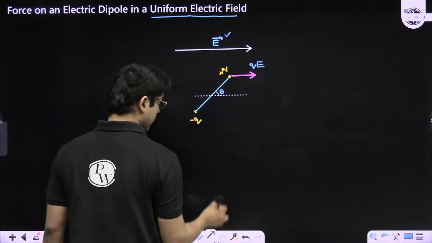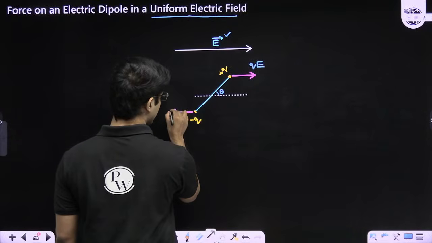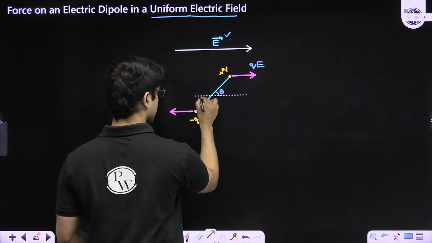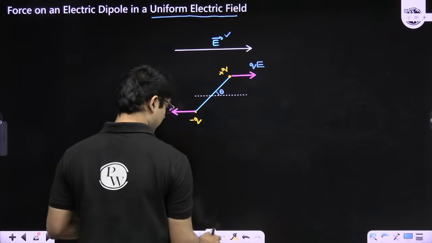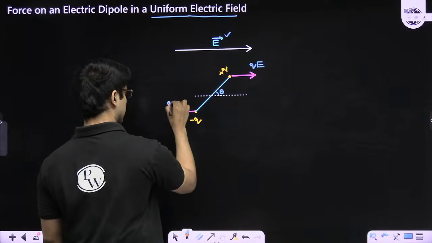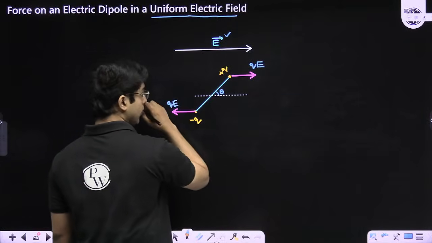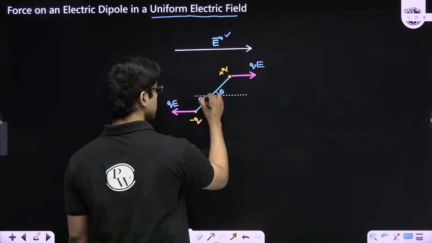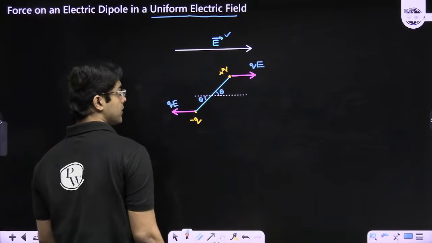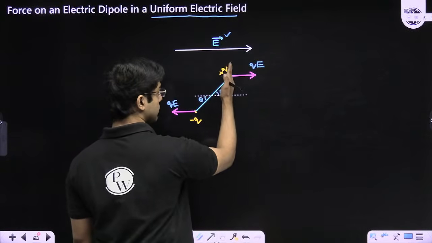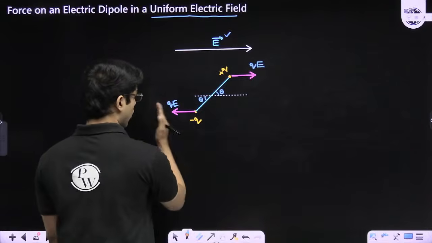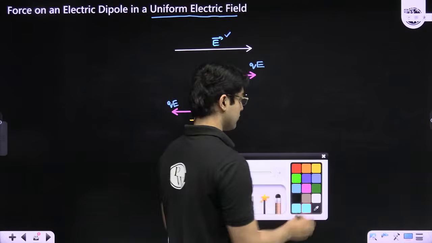On the negative charge it will be opposite to the electric field direction. The magnitude will be charge times electric field. So the net force, as you can see, will be 0. On the positive charge it will be along the electric field, on the negative charge it will be opposite to the electric field.